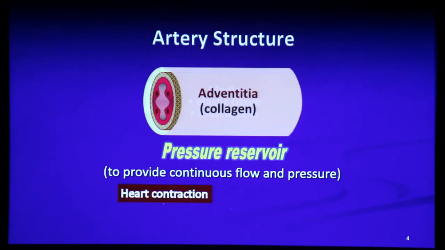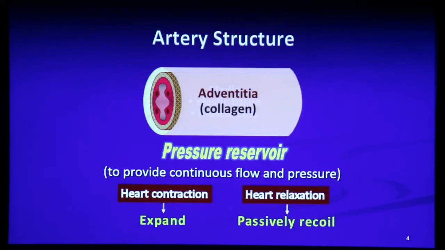Now, when the heart contracts, this reservoir expands, and when the heart relaxes, this reservoir passively recoils. So there is an intermittent expansion and recoil which gives you a pulsatile flow to the tissues. That's why we say that pulsatile flow is important for basic physiology rather than a continuous flow which you get in a cardiopulmonary bypass machine.